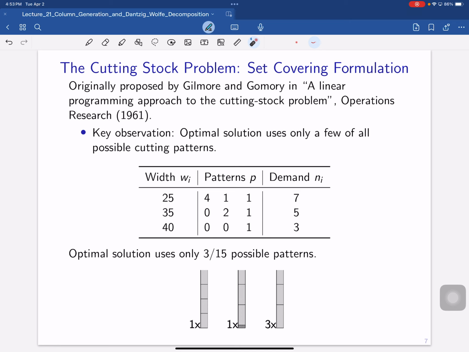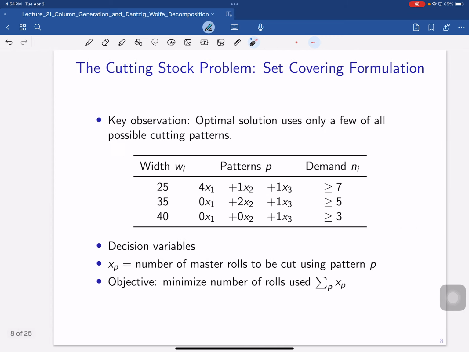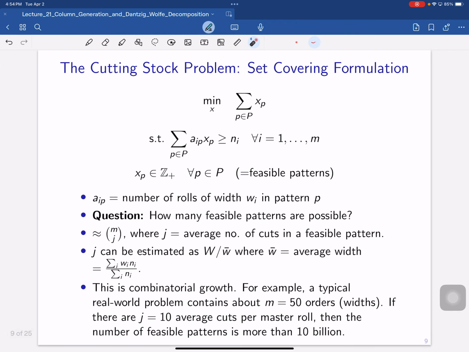So the aip would be those numbers here. For each of the patterns, how many of the given width you are able to get. So for the first pattern, the a1p equals 4, then a2 equals 0, and so forth. That's the number we are talking about here, right?